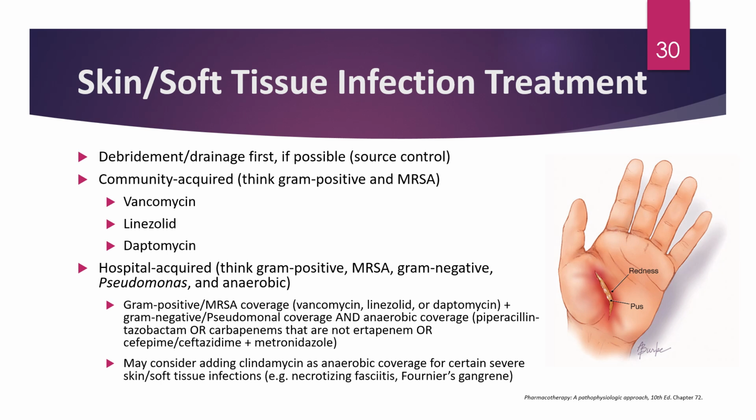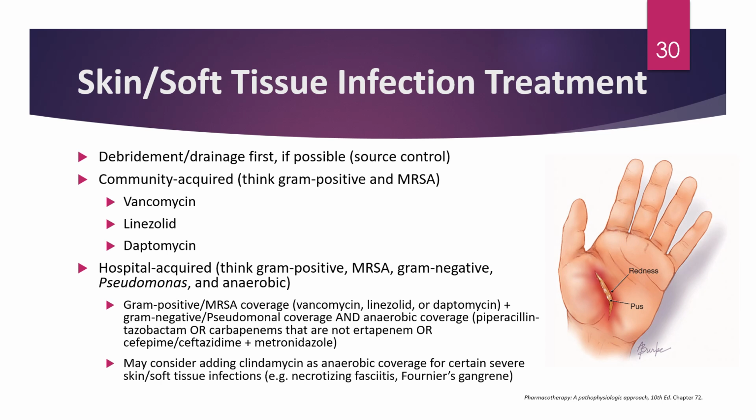Now, if you have a community-acquired infection, we usually think about gram-positive and MRSA being out in the community. So we're going to use our typical MRSA agents to cover. You can use either vancomycin, which is the most common, linezolid, or daptomycin. I always tell people to be very careful with linezolid depending on the infection type.